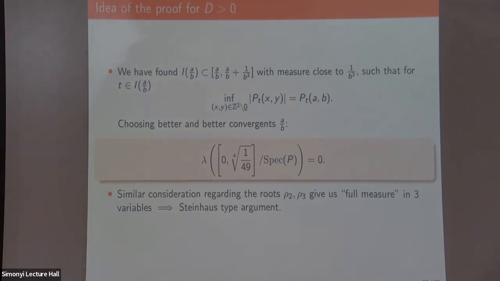And there's this principle in multidimensional analysis, a standard theorem of Steinhaus, that if you have two sets of positive measure, A and B, then A plus B contains an interval. The same theorem here will give us that since we have full measure phenomena in three variables, we can obtain a full interval. Okay?